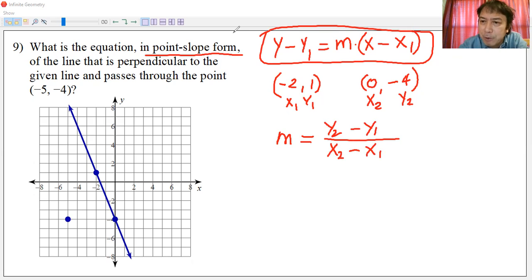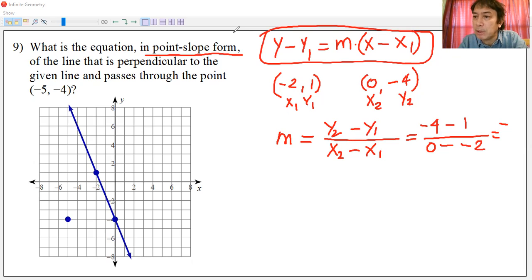This equals, our y2 is -4 minus our y1, which is 1. Going to the denominator, x2 is 0 minus our x1, which is -2. So this will be reduced to -5 over +2.